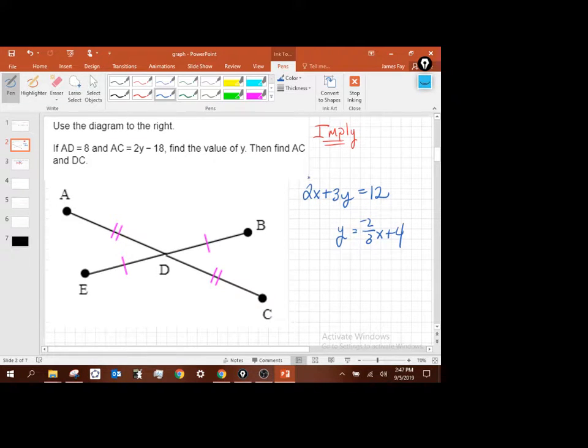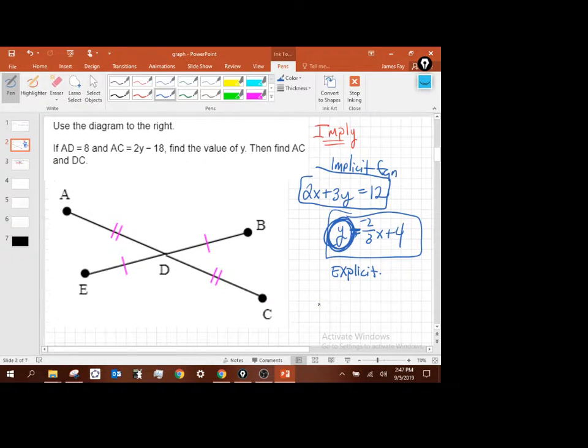Okay, this here is what we call an implicit equation because x and y are on the same side. This here is called an explicit because I'm telling you exactly what y is. Correct?